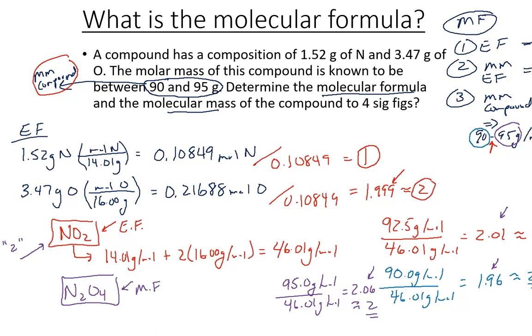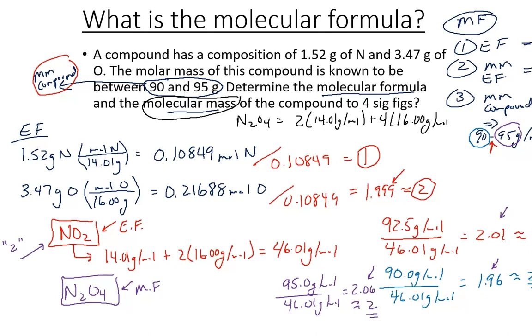Now that we have the molecular formula, we can calculate the actual molecular mass or molar mass of this compound, N2O4. Again, we go to the periodic table. 2 times 14.01 grams per mole for our nitrogen, plus 4 times 16 grams per mole for our oxygen.